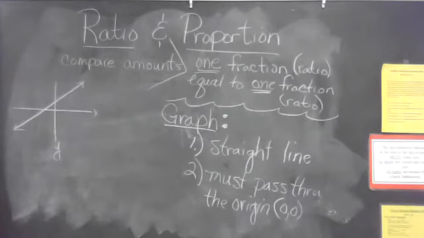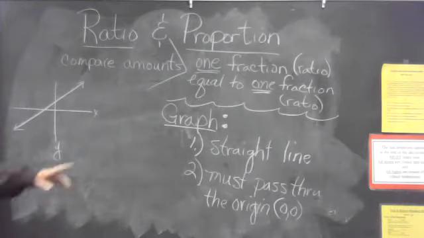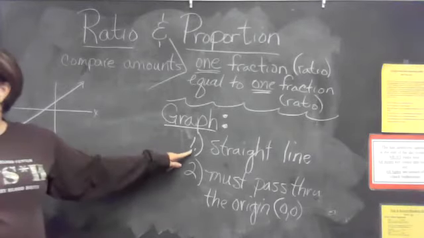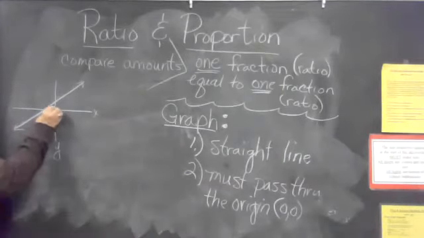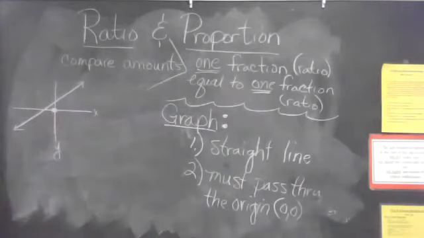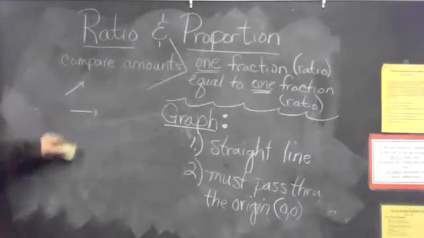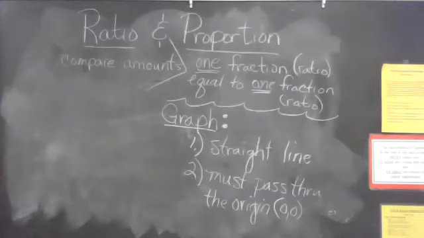The negative and the... You're overthinking it. It is a straight line. Where's the origin? In the middle? Right here. Does it pass through there? No. Then it's not a proportion. Easy enough. Okay, it has to pass through the origin, and it has to be a straight line.